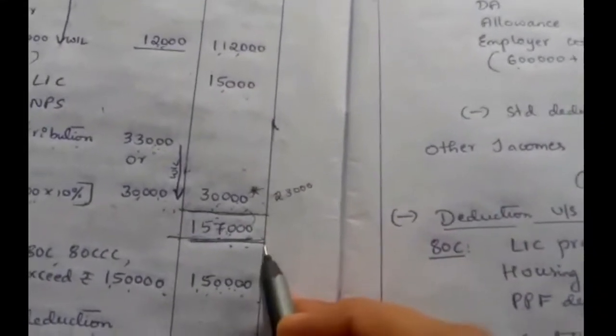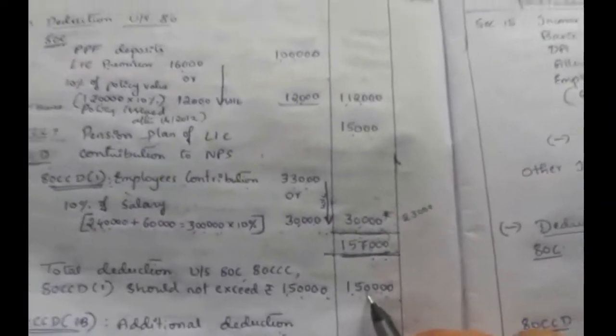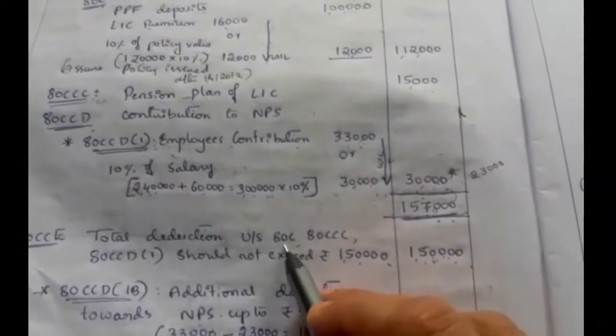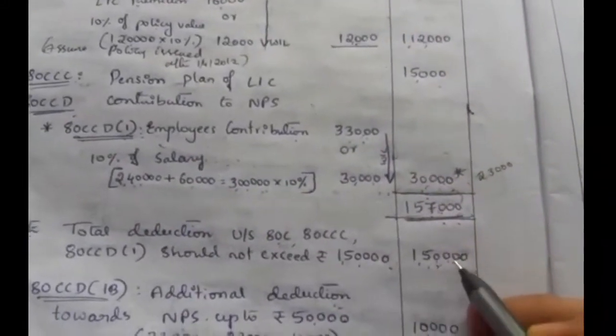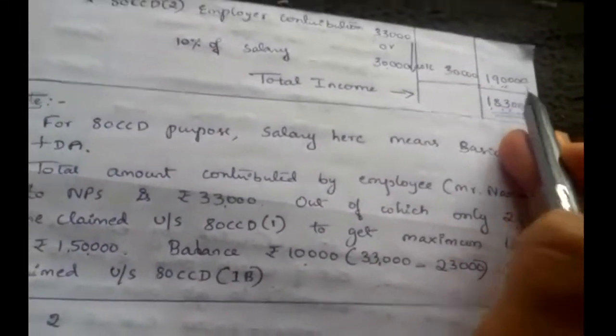So the total deduction we have to calculate is, from here we should exclude this total. In this 1,50,000, 80C, 80CCC and 80CCD 1 are already included. So 1,50,000 plus 10,000 plus this employer contribution 30,000, total 1,90,000.